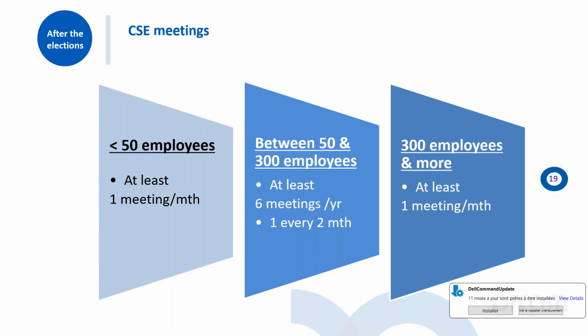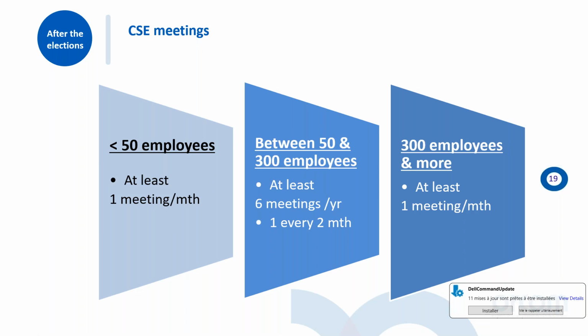Then, regarding the functioning of the CSE, as you may know, the CSE has to discuss mandatory topics with the employer, and the legislator in France wished to give a specific rhythm to those meetings, depending on the company's headcount.